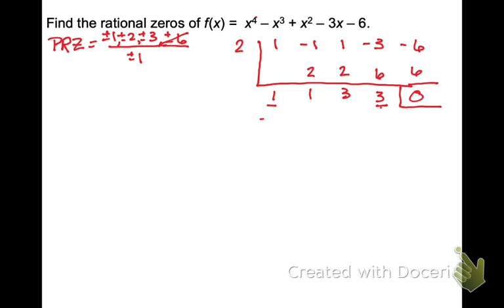What do you want to try? 1? Nope. Okay, so now let's just make it -1. And sometimes you can just reuse your work. -1 worked, so I'm good there.